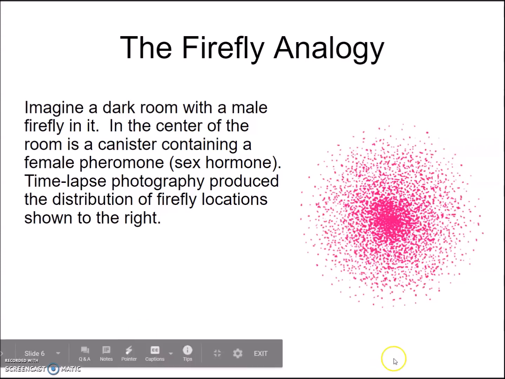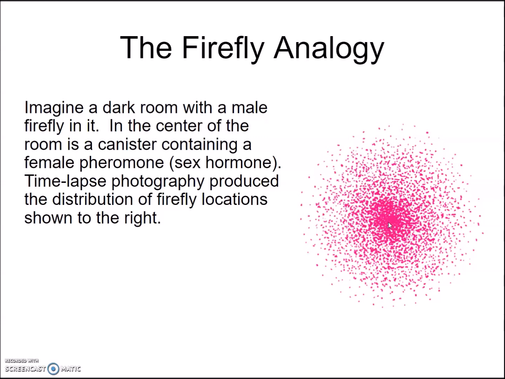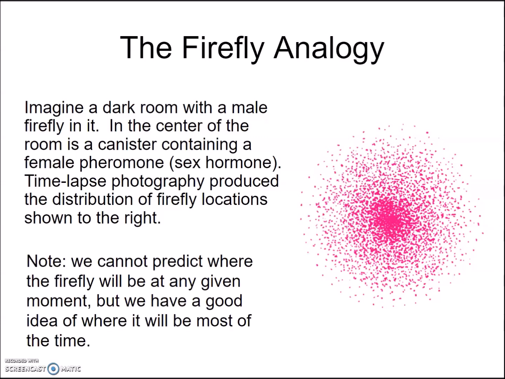Notice the high density of lights in the center of the room where the attractive pheromone is for that male firefly. Remember, you can't predict where that firefly is precisely at any given moment, but you have a good idea of where it's going to be most of the time. It's going to spend most of its time close to that female pheromone that it's attracted to.